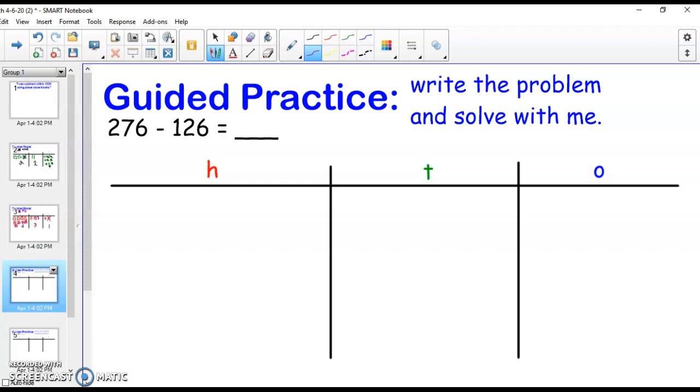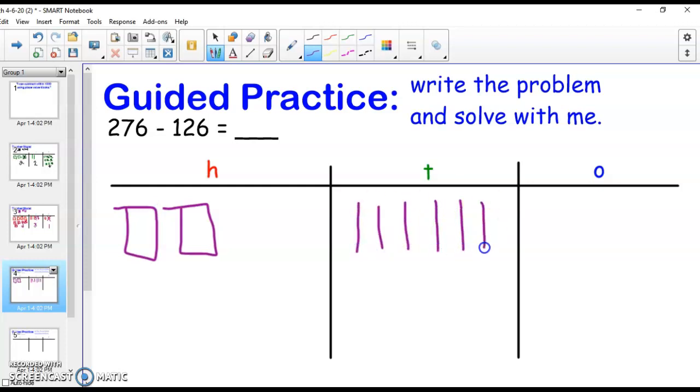276 minus 126. So let's go ahead and make the number 276. We have 2 100s, we need 7 tens, and we need 6 ones.